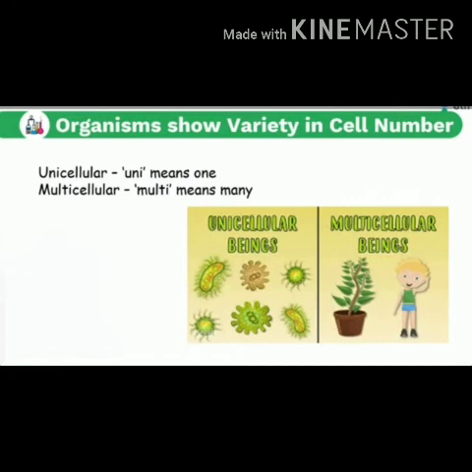So on the basis of cell number, we categorize living organisms into two groups: unicellular organism and multicellular organism. Students, the basic concept till now what we have learnt is that every living organism begins its life as a single cell, that is the fertilized egg, which then multiplies and increases according to different organisms.